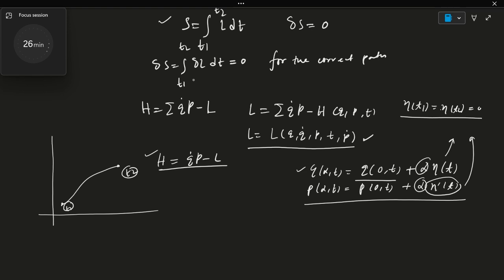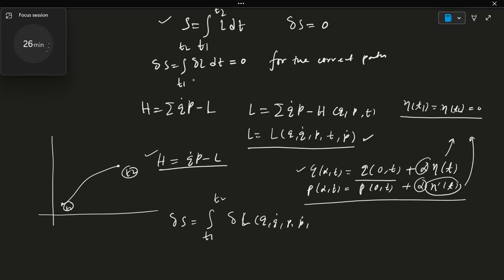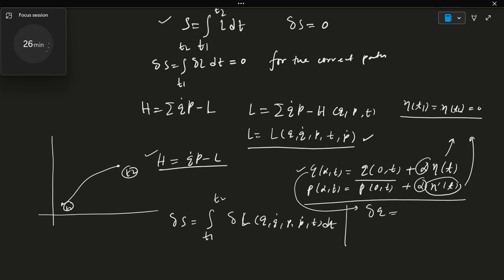So delta S is now the integral from t1 to t2 of delta L, where L is a function of q, q dot, p, p dot, and time t, times dt. From here you can write delta q equals q(alpha, t) minus q(0, t), which is equal to alpha times eta of t.